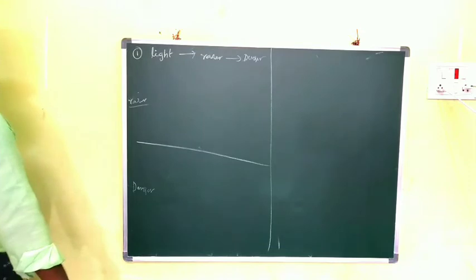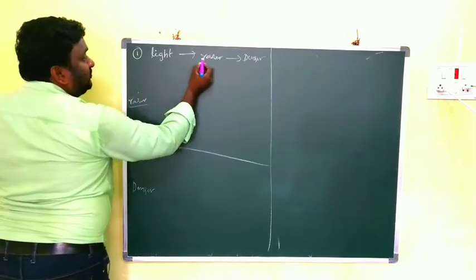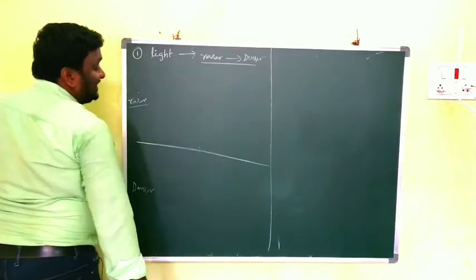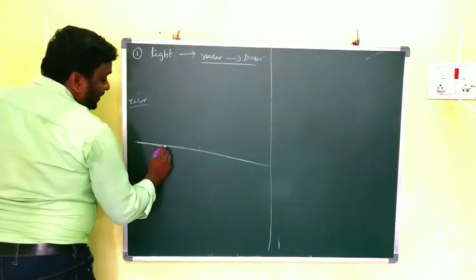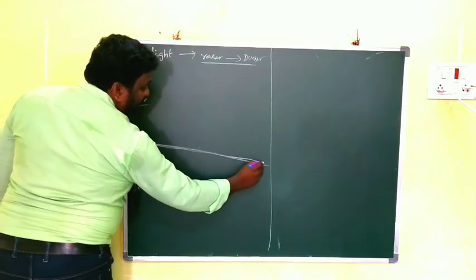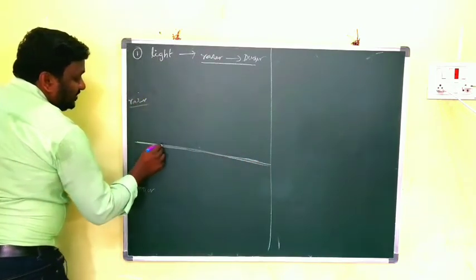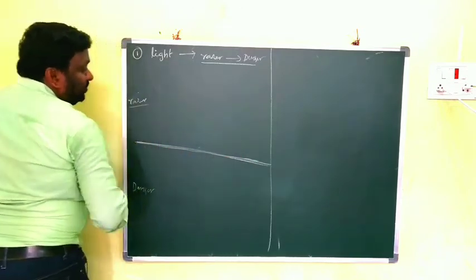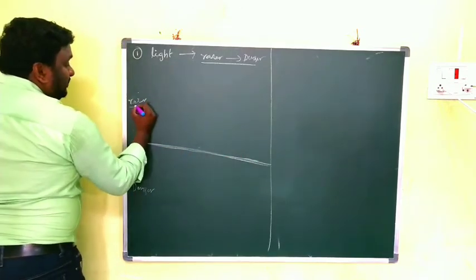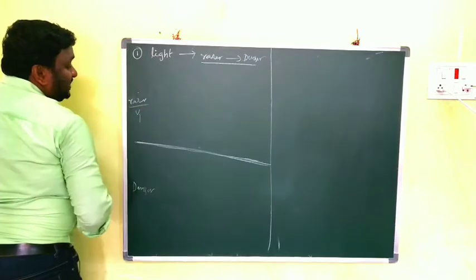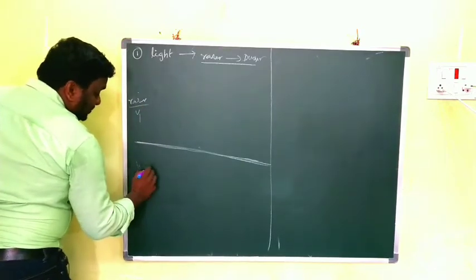Light is moving from the rarer medium to the denser medium, and this is the interface. Here the velocity in the rarer medium is v1 and in the denser medium is v2.